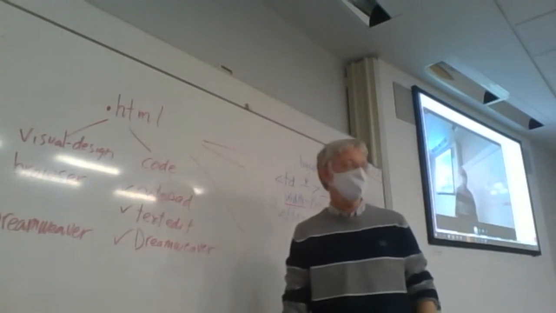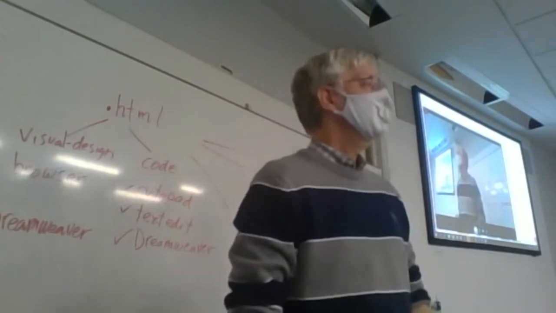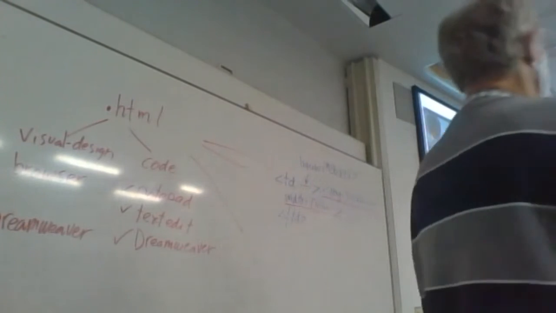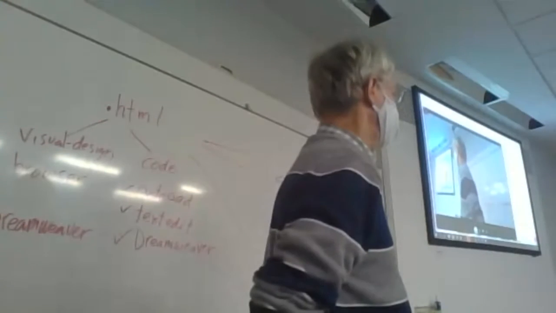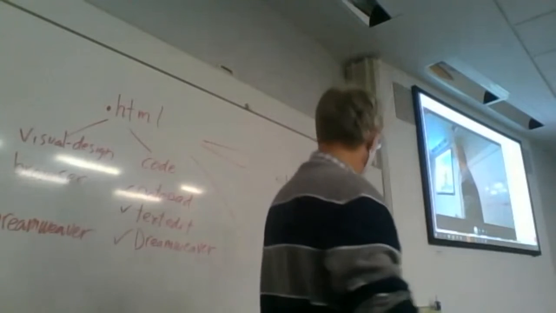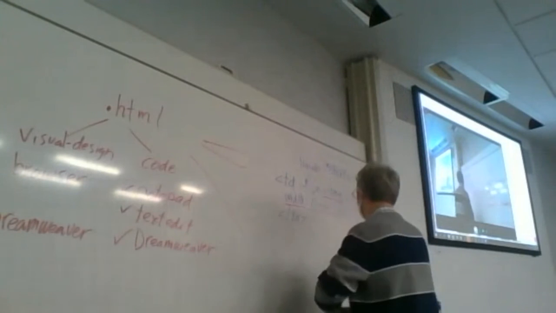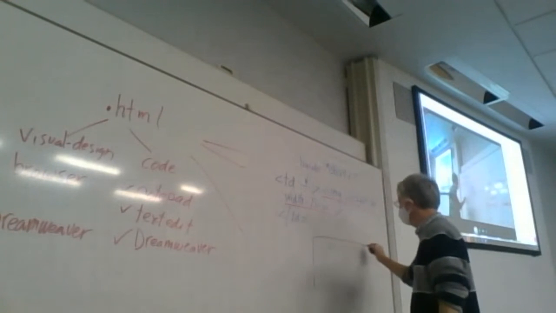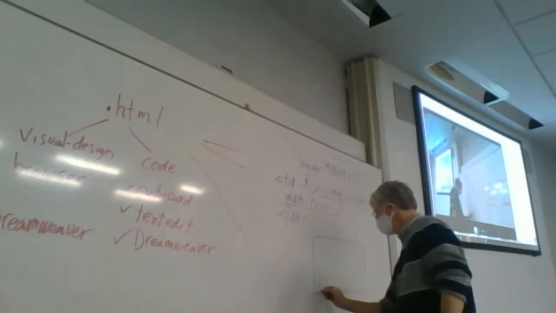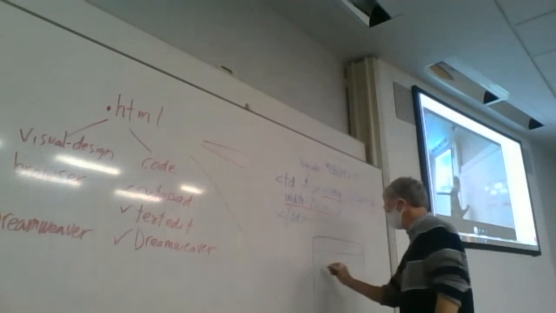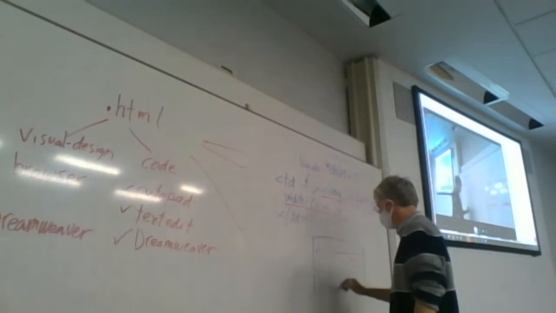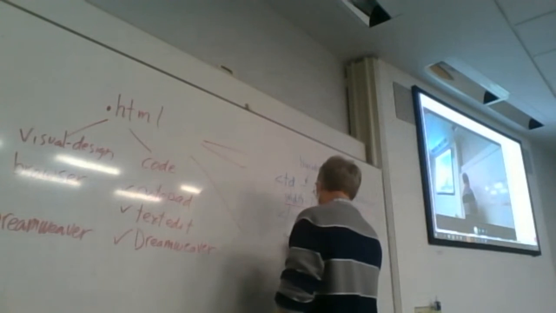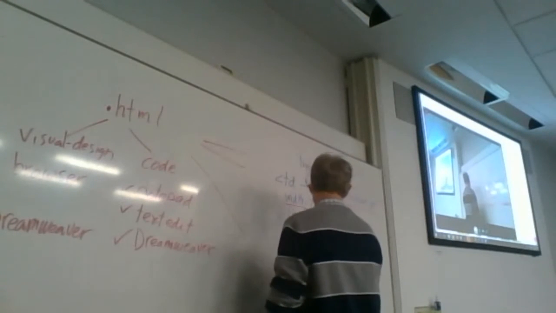TD stands for table data. It's a cell. TR stands for table row. It's a table row. A table is almost always made up of rows and cells. Okay? So if you have something like this, a row is delineated by a TR tag.